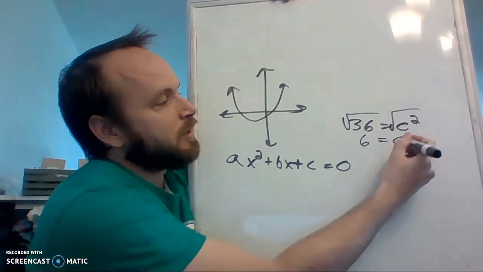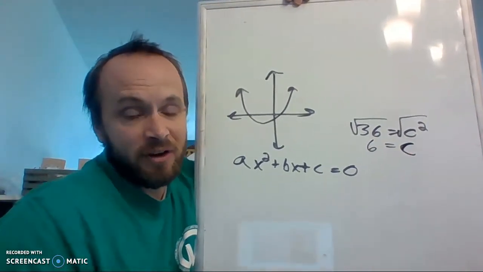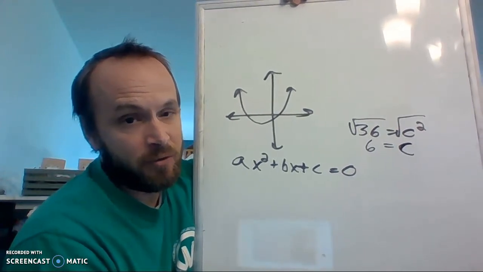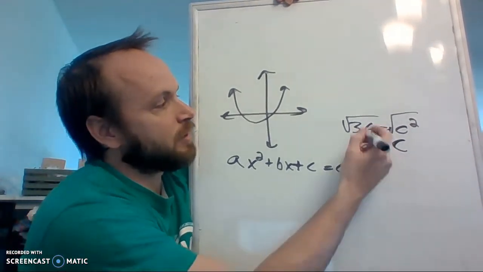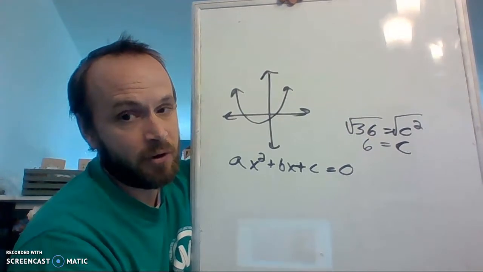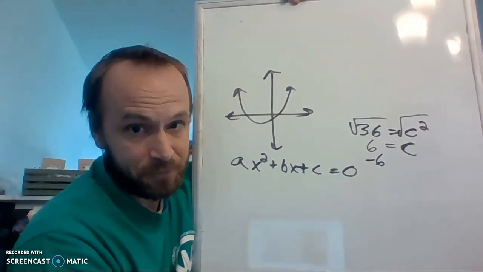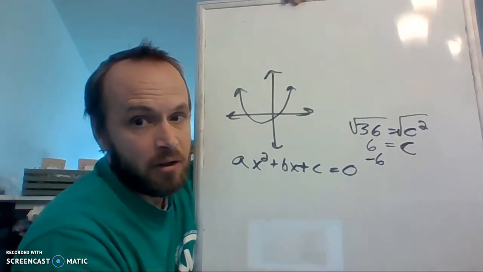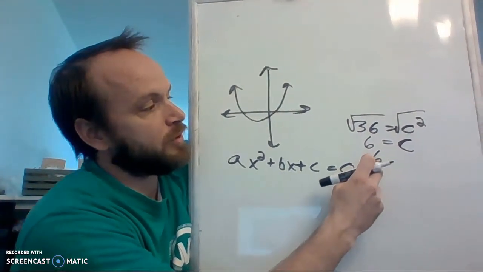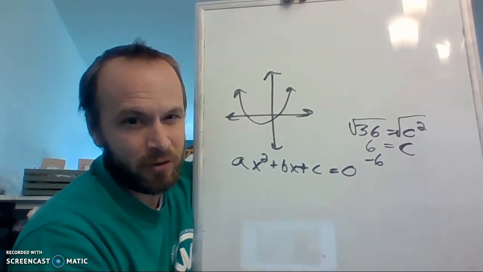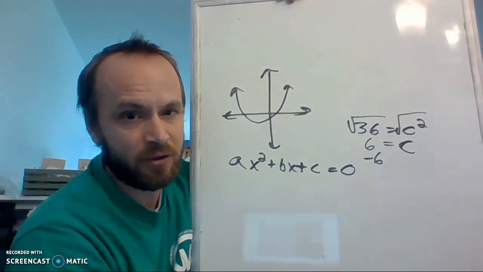Now, strictly speaking, we haven't gotten all the answers we could get. When you take the square root of 36, it is true that 6 times 6 equals 36, but it's also true that negative 6 times negative 6 equals 36. So there's two answers. But generally we work with the positive one when we're talking about measurements, because negative 6 feet for the length of a triangle or a roof doesn't make a lot of sense.